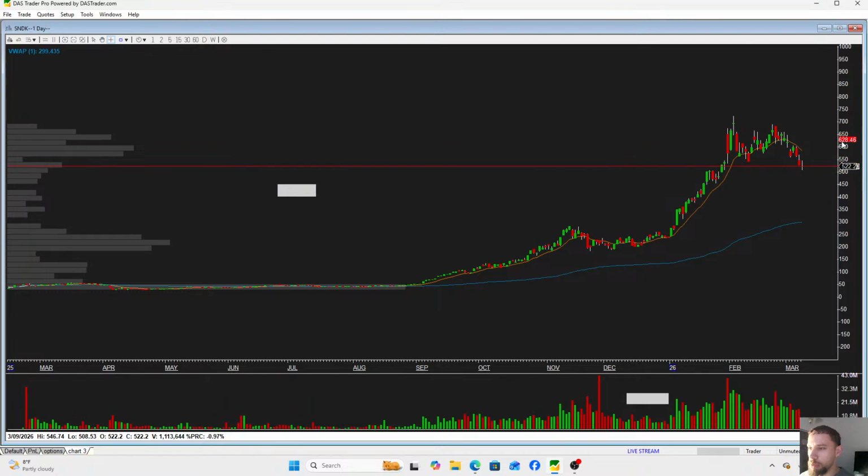SanDisk, if you look at the price, guys, this is a higher price stock. Higher price stocks tend to not have good liquidity, just because there's less participation, because per share at $520 is a lot of money. So for me, when stocks do get to a higher price range, I like to trade options on them.